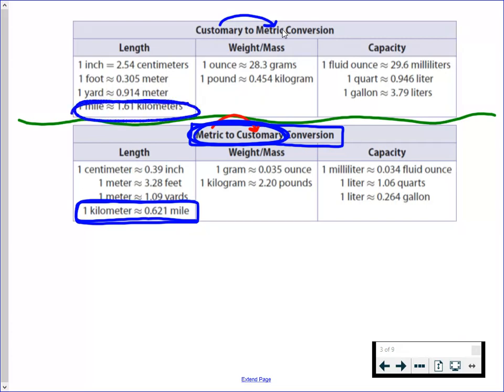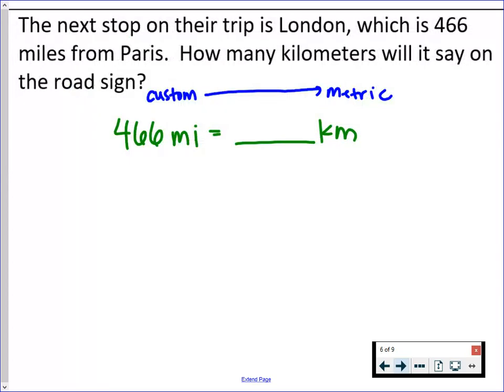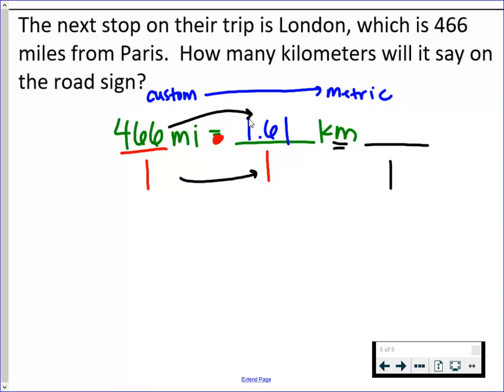Miles and kilometers. 1 mile is 1.61 kilometers. What's going next to kilometers? You can kind of see a pattern here where the bottom number is always a 1. I'll stop here while you multiply.